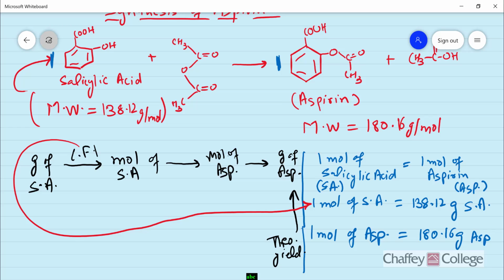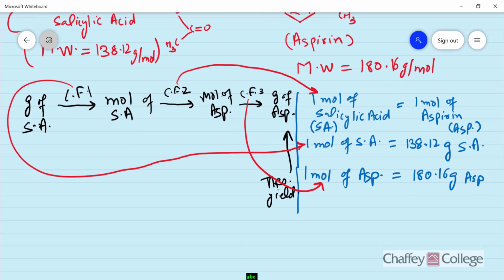Similarly, to go from moles of salicylic acid to moles of aspirin, we need another conversion factor, and we know it here. And finally, we need another conversion factor between moles of aspirin and grams of aspirin, which can be obtained from this equation. So let's plug in the conversion factors, and we should be able to get our answer.